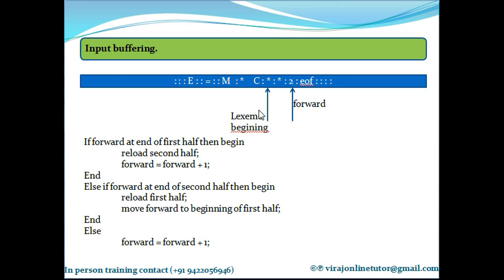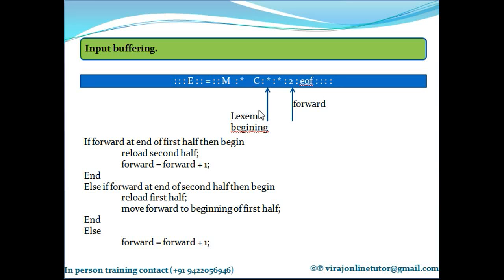Then we move both the pointers to the right end of the lexeme, because we have already categorized this current lexeme into a token, so that we can start searching for the next lexeme. Clear? After the lexeme is processed, both the pointers are set to the character immediately past the lexeme so that we can start finding the next lexeme.